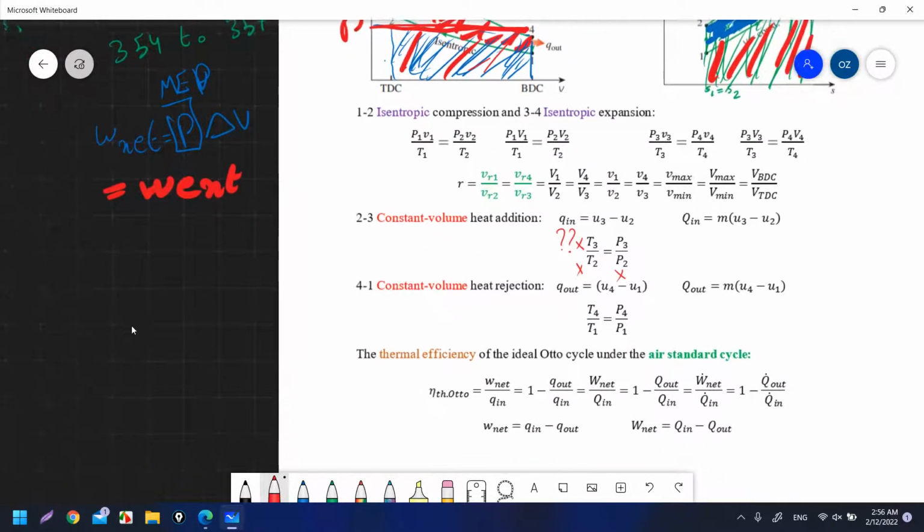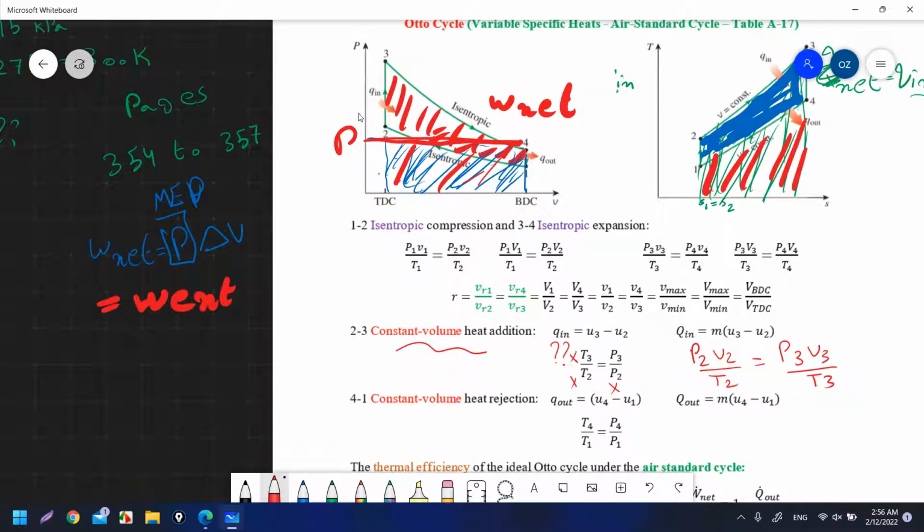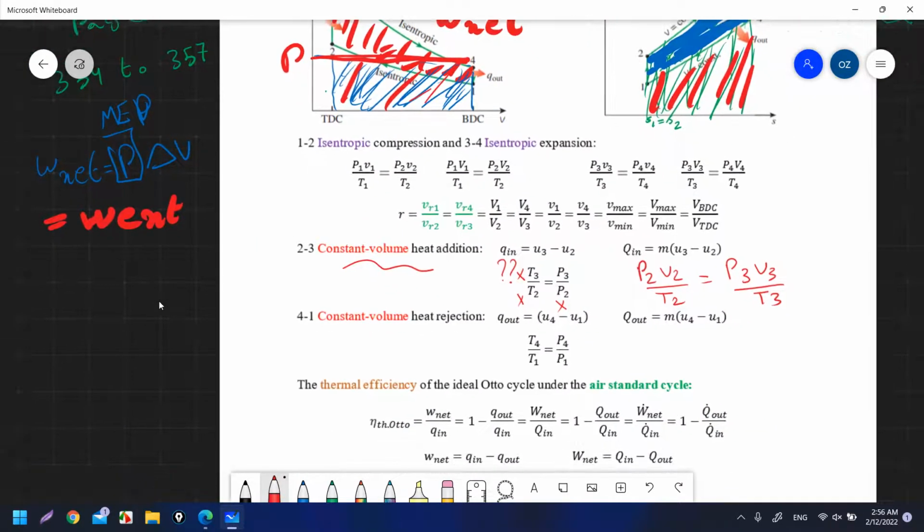T2? For the pressure, you will usually use the ideal gas law. What is this equation? This equation was P2 V2 over T2 equal to P3 V3 over T3. The volume is constant during heat addition from 2 to 3, so V2 will cancel with V3, and we will have P2 over T2 equal to P3 over T3.